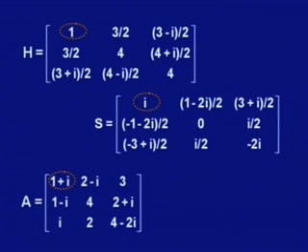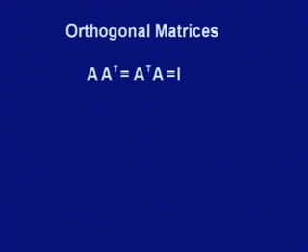So, this has been shown: 1 plus I is 1 plus I, 3 minus I by 2, 3 plus I by 2 is 3, and so on. Now, after this I introduce orthogonal matrices.